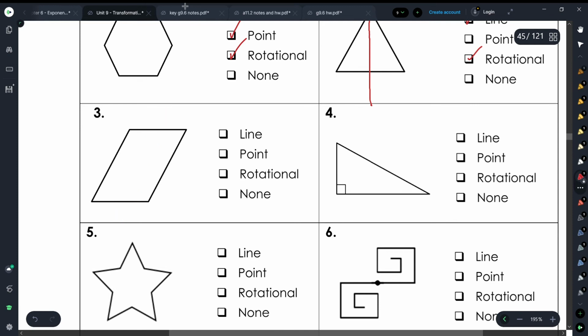It's a toughie. Nope, that wouldn't work either, because if I flip that over, this is like right here. No, so no line symmetry for that. Point symmetry, turn the paper upside down. Yep, that works. So if it has point, it has rotational.